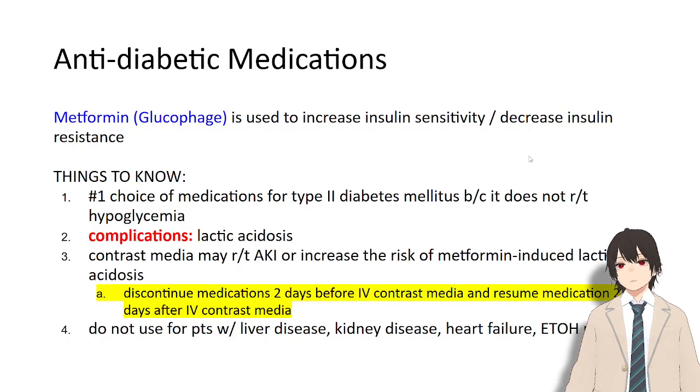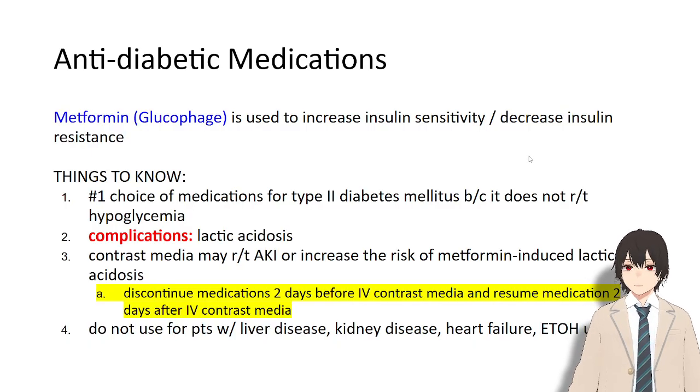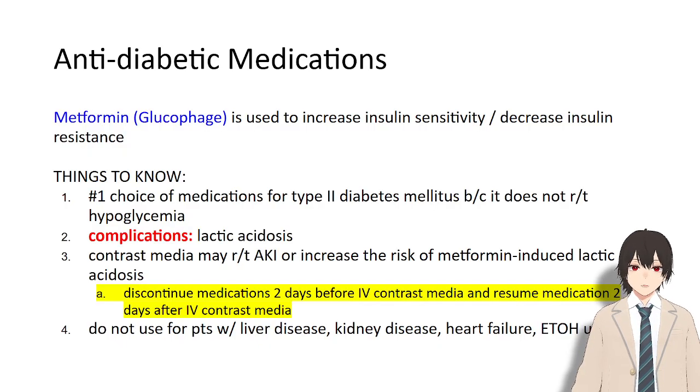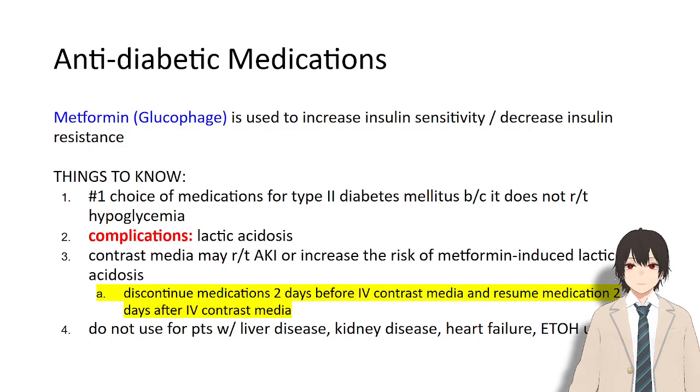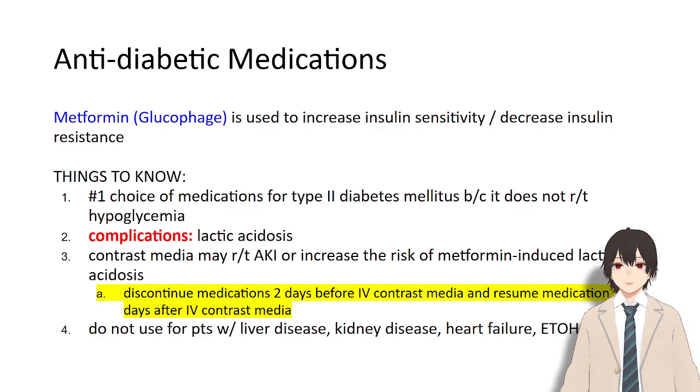Now there's another anti-diabetic medication that's important to know, which is metformin. It's used to decrease insulin resistance, and as our school taught it, it's the number one choice of medications for type 2 diabetes, because it does not cause hypoglycemia. I can go more into the pathophysiology about it later on, but basically it does not secrete insulin.